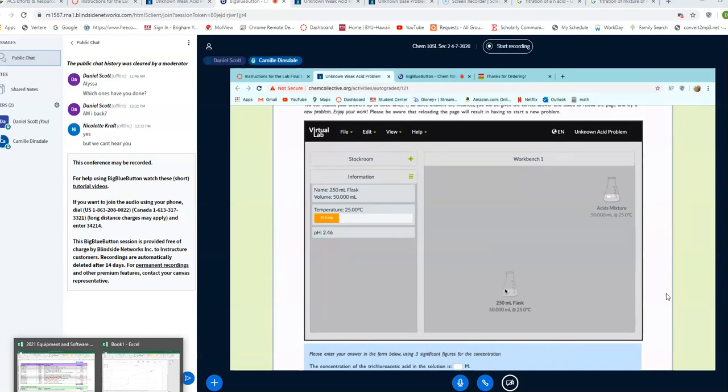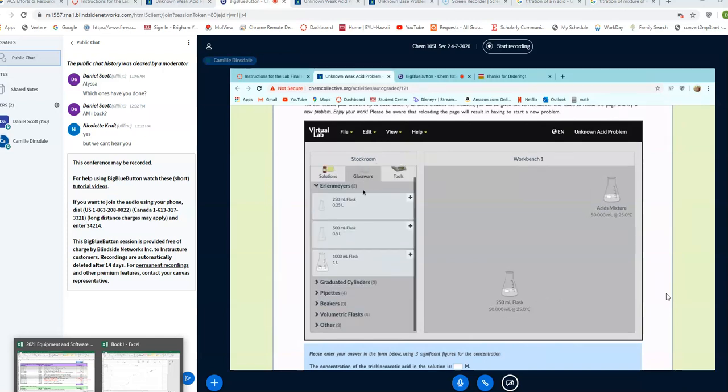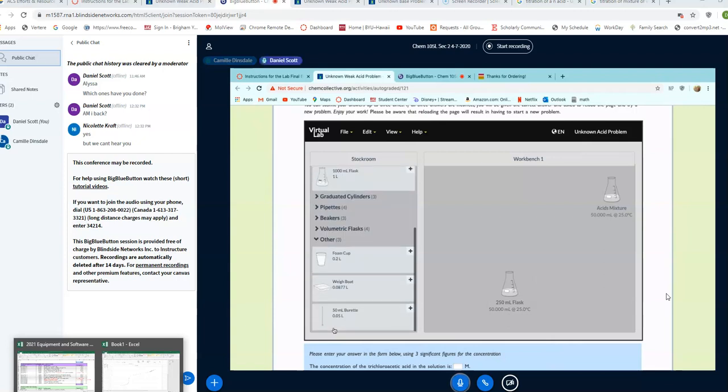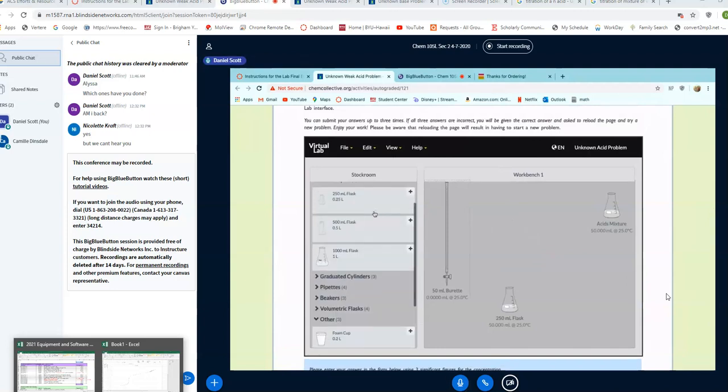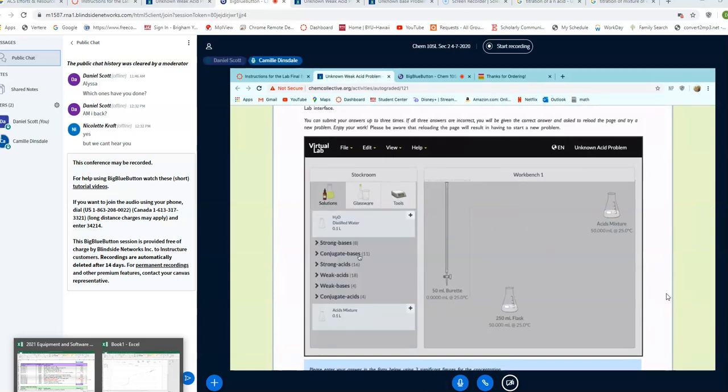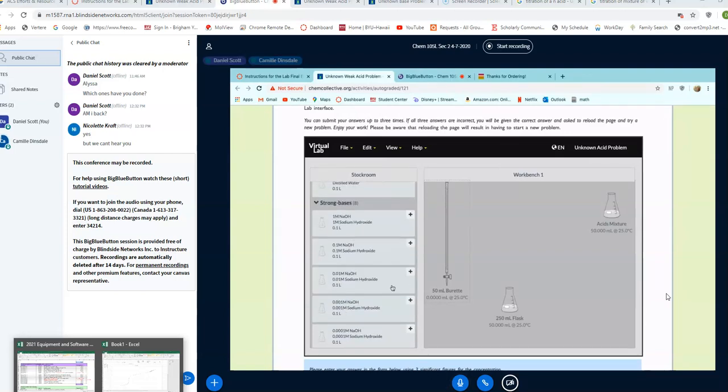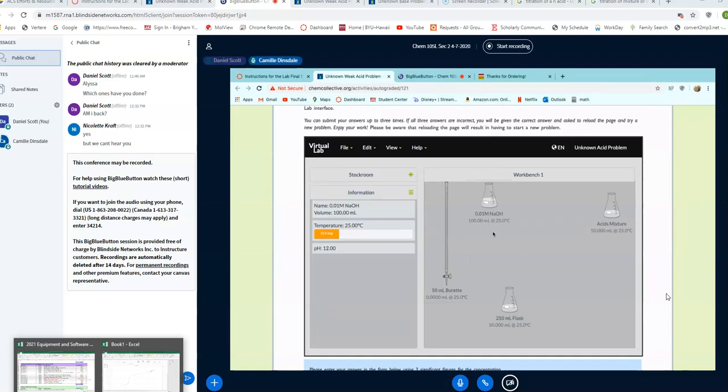And then okay. And then the strong base. Okay, yeah. And then we do 0.01, 4.01. Okay.